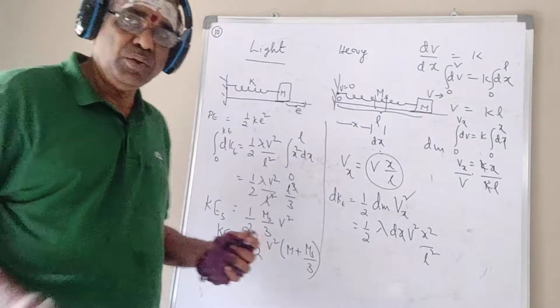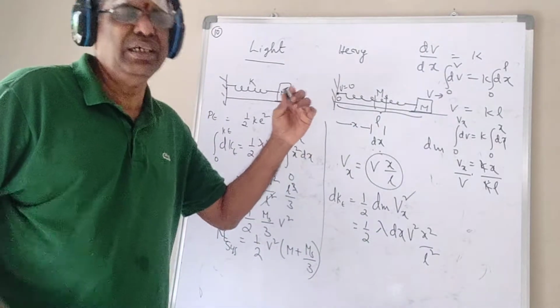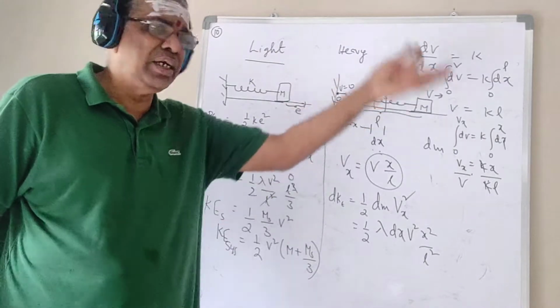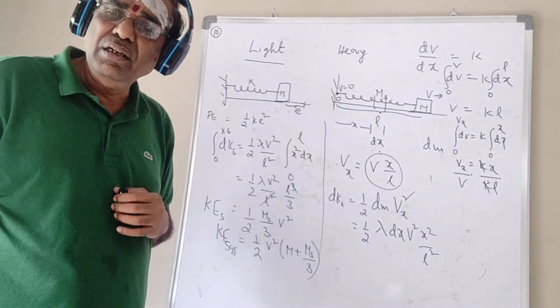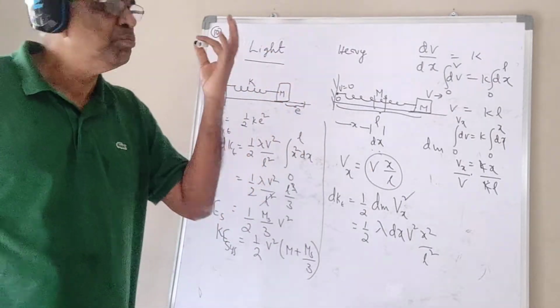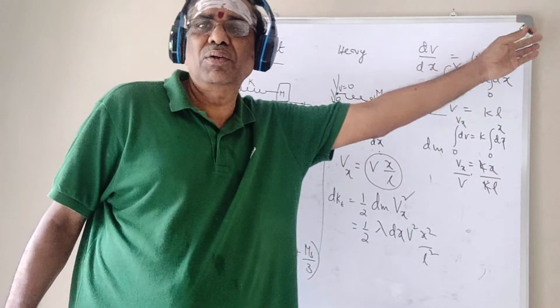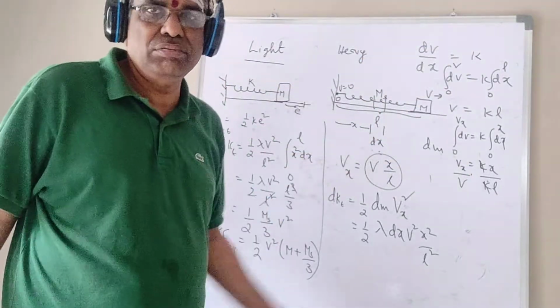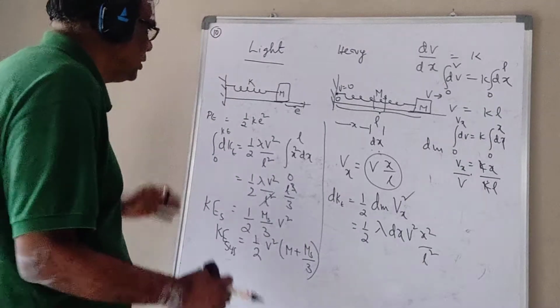Mind you, this is only if there is a linear variation. Generally we accept linear variation. Otherwise they may say it goes on increasing with x, dv by dx itself increases with x. So then I will take dv by dx is equal to some constant into x. Then I will work out how do I get it. I'll just show it to you.